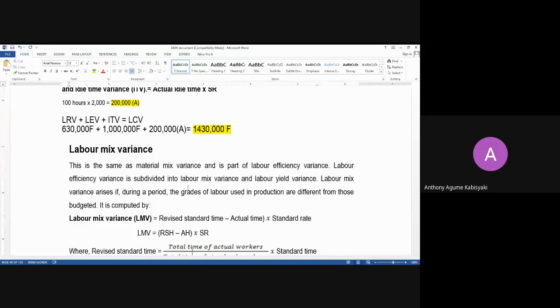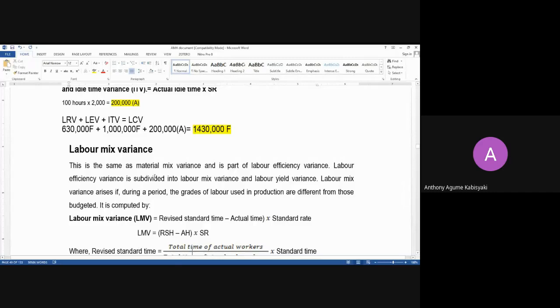So all those are the categories that you require. Okay? So you find that you need different categories.